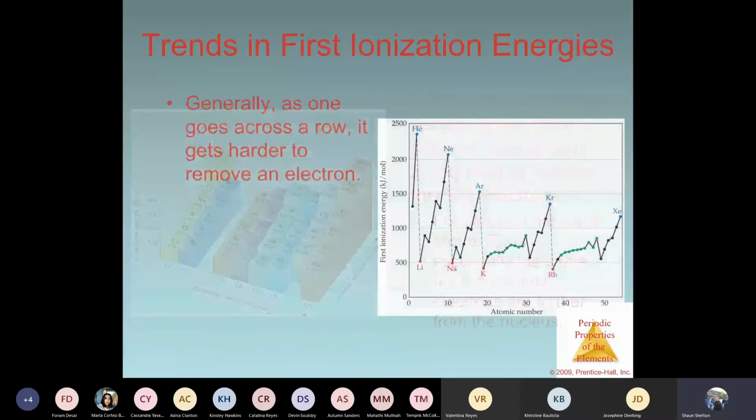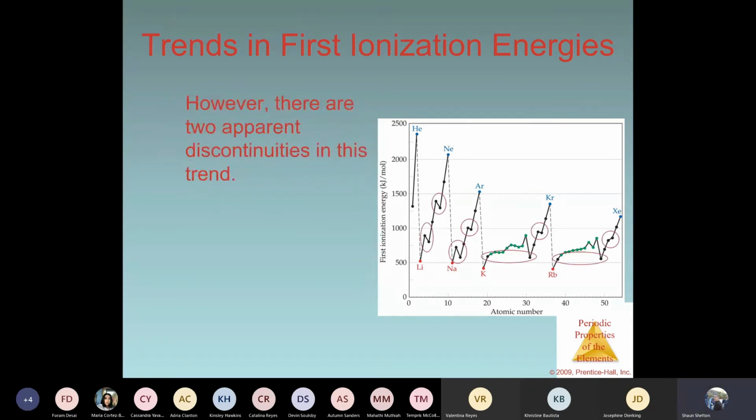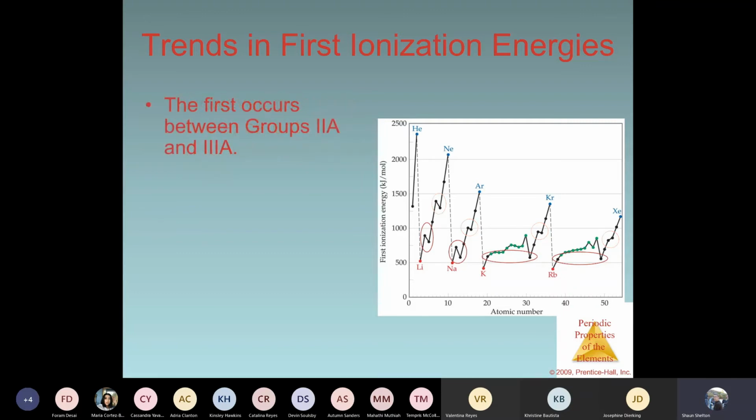All right, so moving forward here. Generally, as one goes across the row, it gets harder to remove an electron. As you go from left to right, the effective charge increases. However, there are two apparent discontinuities in this trend. The first occurs when group, we just talked about this here.